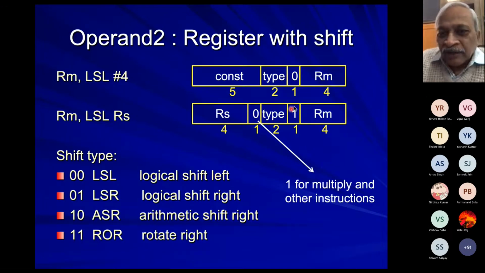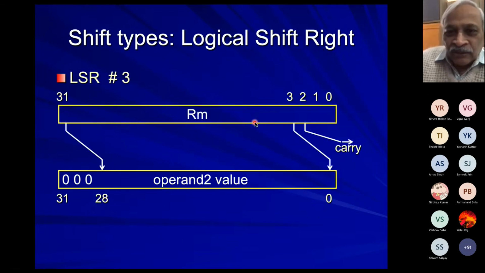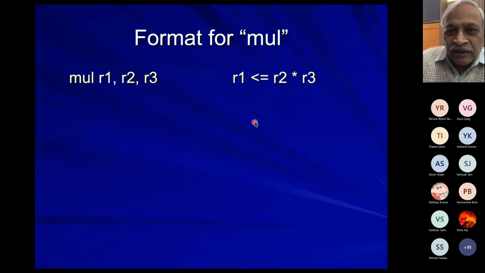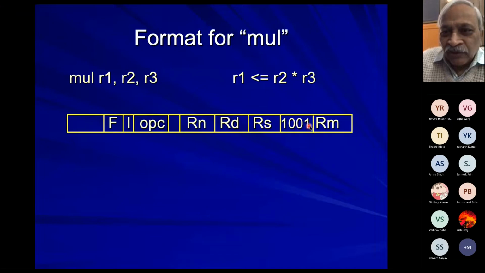If you have a 0 here, then this position is part of the constant. It can be 0 or 1. But if it is 1, then for a DP instruction, it has to be 0. So the multiply format you will see has 1001. So there is a 1 here, there is a 1 here. Other combinations are there for other instructions, but multiply is characterized by this.